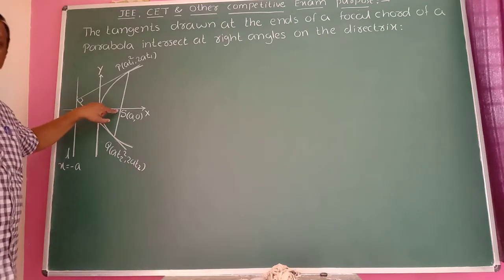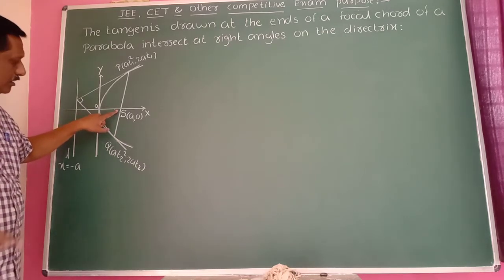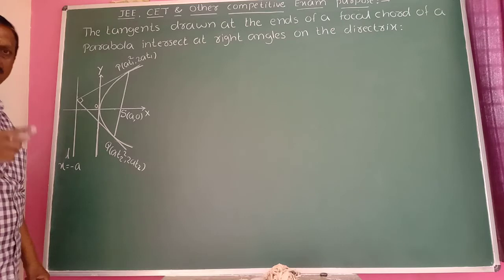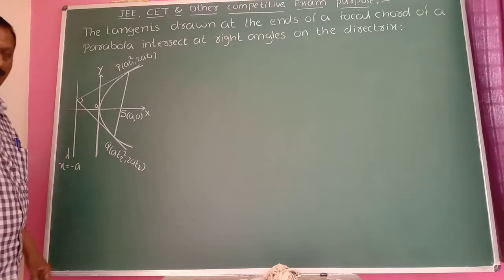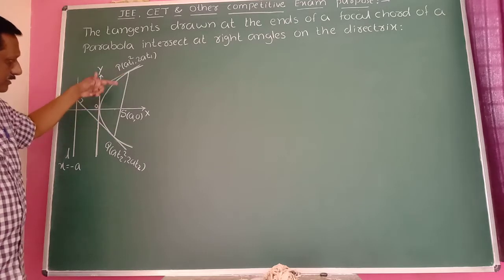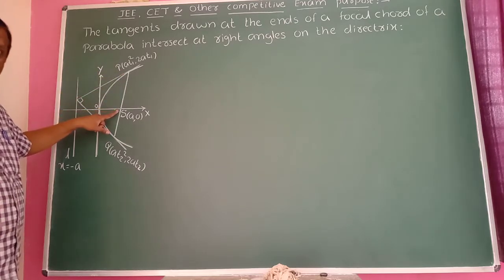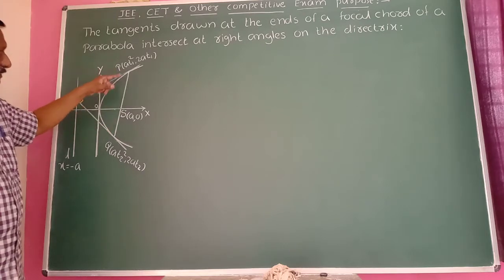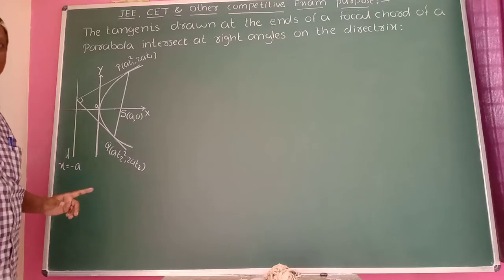Even the latus rectum is also one type of focal chord here, because that latus rectum also passes through the focus S here, but that latus rectum is perpendicular to the x-axis here. But here PQ is a line passing through the focus S. It is not a latus rectum here, because PQ is not perpendicular to the x-axis here. Hence it is called a focal chord here.